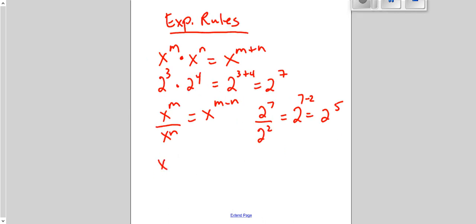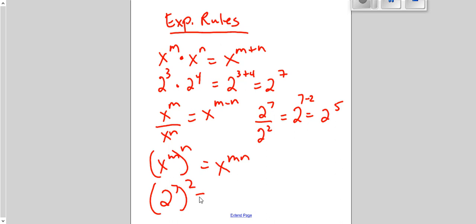And then we talked about if you have an exponent to another exponent, that's equal to multiplication. So we just multiply those together. So 2 to the exponent 7 and then squared, you actually would just multiply those exponents together and you get 2 to the 14.